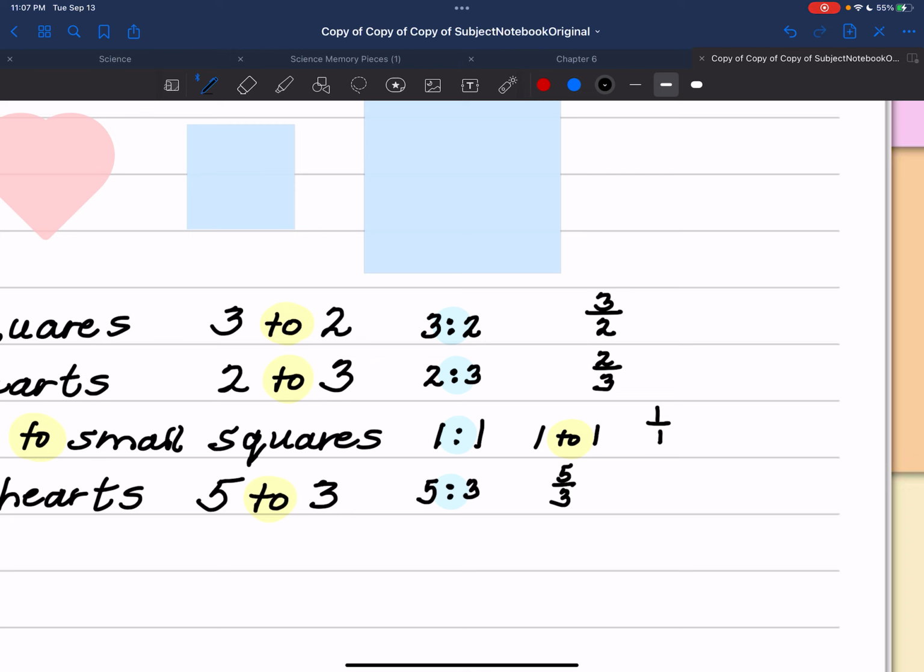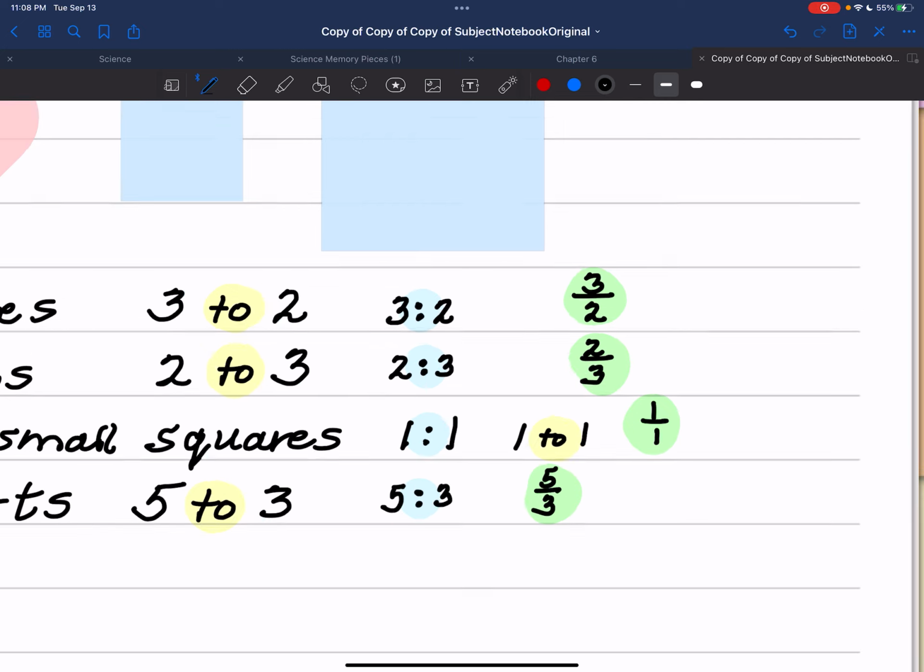So this is the fraction form of the ratio. So let's highlight that in green. Those are the fraction forms. And as you start to do the calculations, you're going to want to use fraction form.